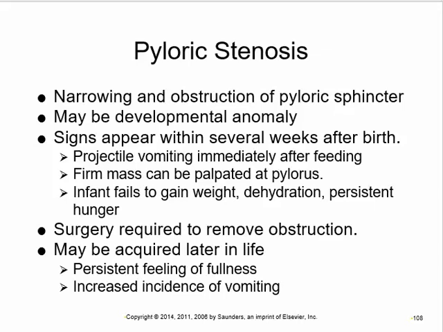Sometimes you can palpate a mass, but the baby doesn't get nutrients to the intestine to absorb, so they don't gain weight, they dehydrate, and they're constantly hungry. And they do surgery to remove the obstruction.